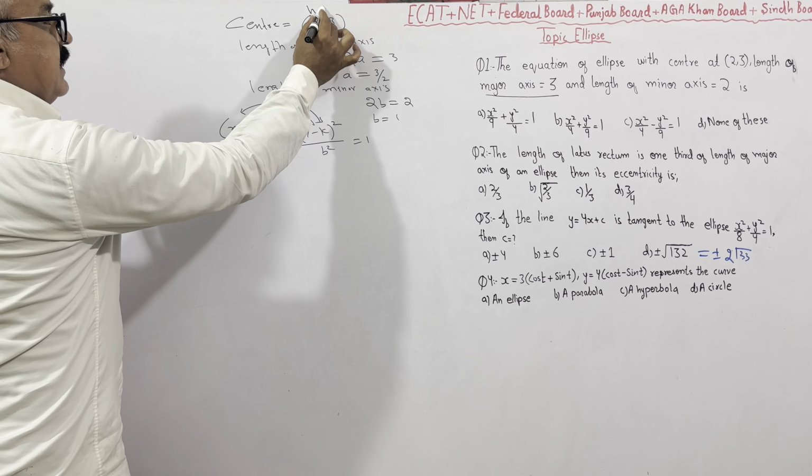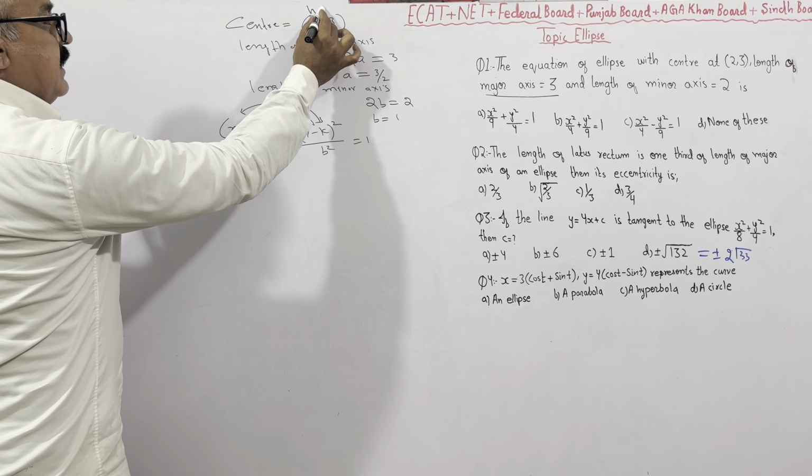Now, squaring and adding equations 1 and 2. We have x over 3 whole square is equal to cos t plus sin t whole square, and equation number 2 is y over 4 whole square equals cos t minus sin t whole square.